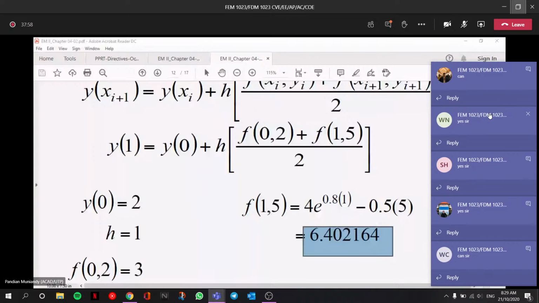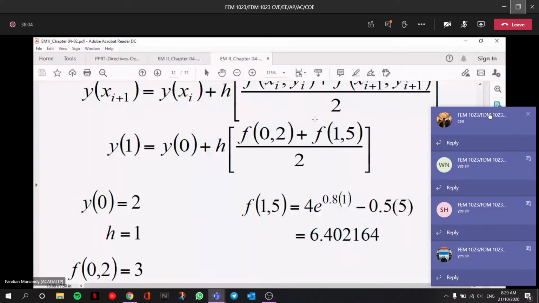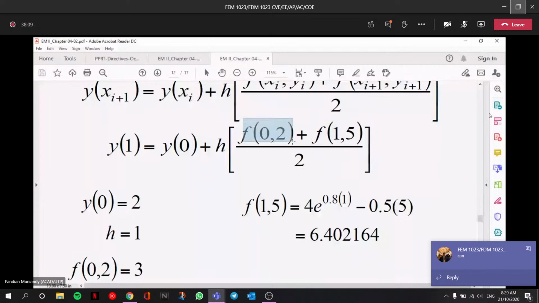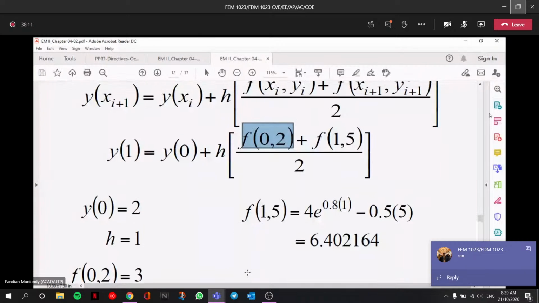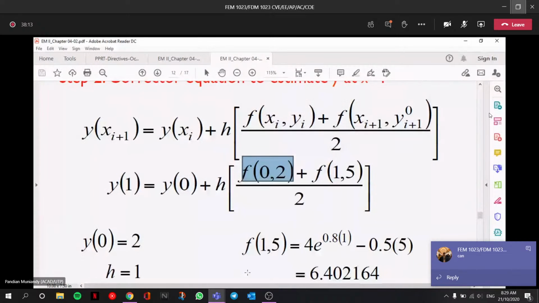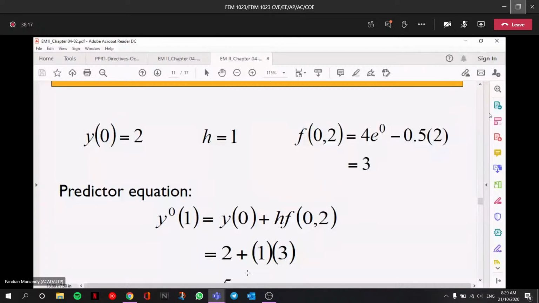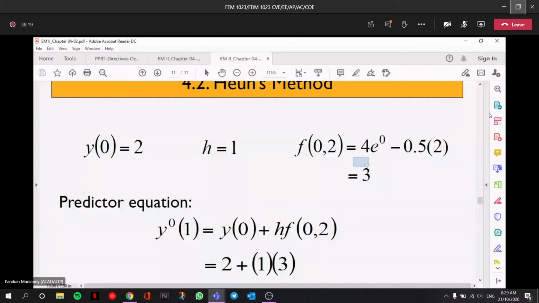Okay. So you got this, 6.402164. You take this value, put it here. f(0,2) is 3. You already calculated that. f(0,2) is given already. This is 3.